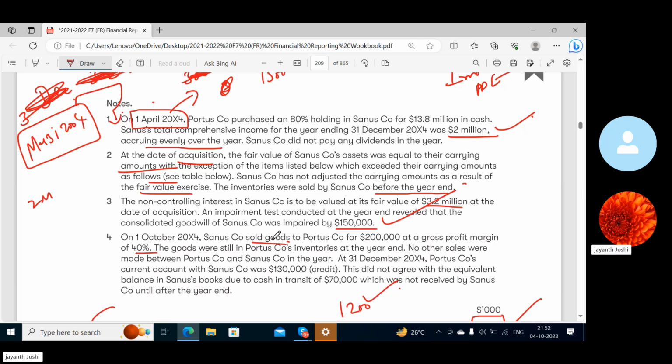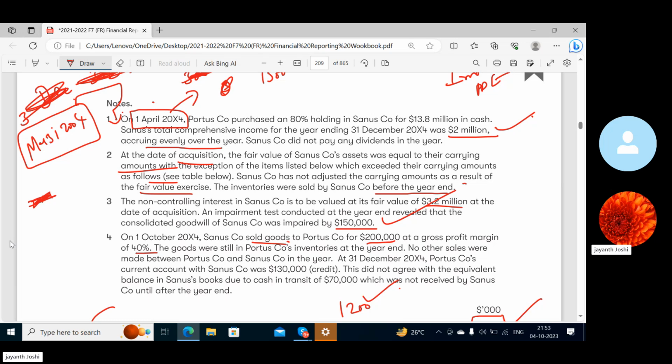On 1st October, Sanus company sold goods to Potter's company for $200,000 at a gross profit margin of 40%. See, I have already told you, related to inventory sold and purchased, it's an intercompany transaction, right?